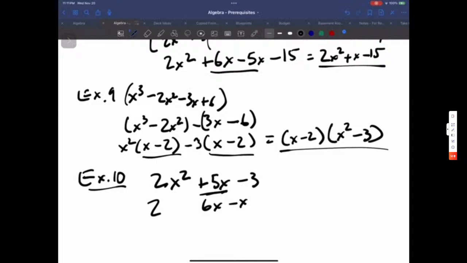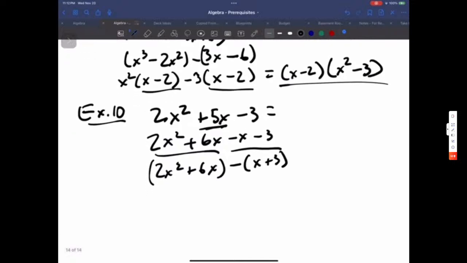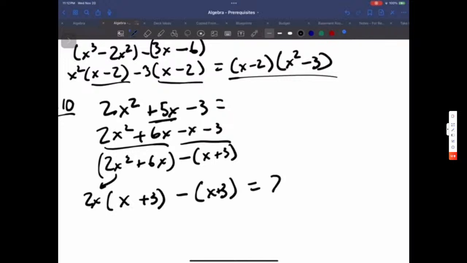And by writing it creatively that way, then we can start to do grouping. So if I say that that is the same as this, and then I group these two as a minus x plus 3, and I group these two as a 2x squared plus 6x, and I factor out of this guy a 2x, then you'll see that I have x plus 3 in two places, and I can factor that out, x plus 3, and get 2x minus 1 times x plus 3.